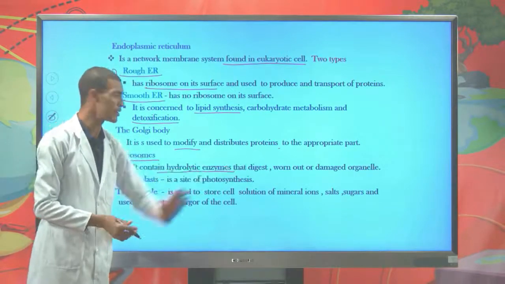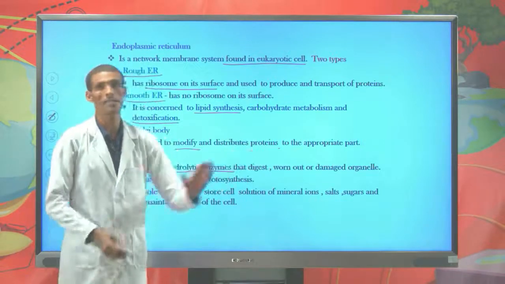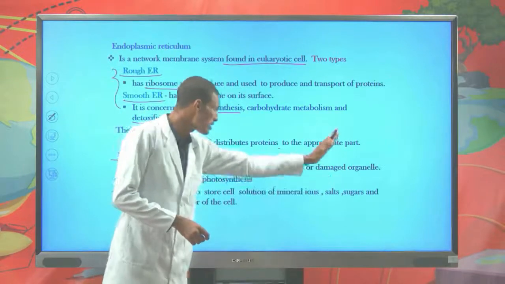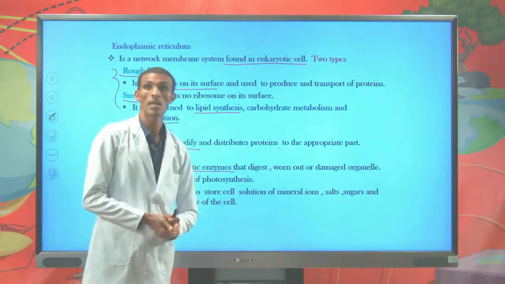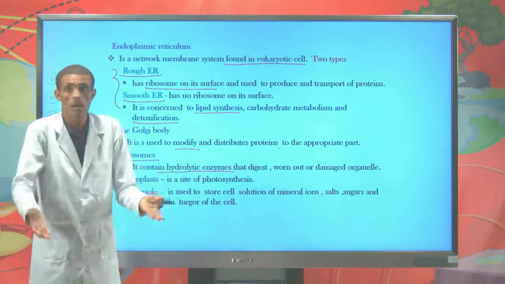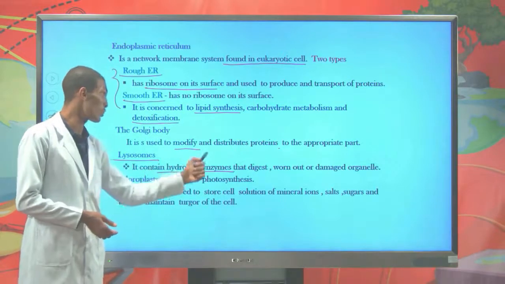It is very important in digesting and clearing out unnecessary material from the cell, and in replacing a damaged cell. If there is accumulation of damaged old material deposited in the cell, the lysosome is not functioning well.